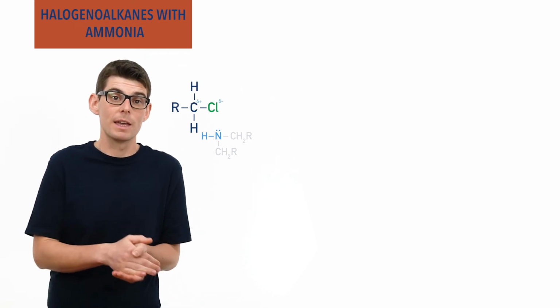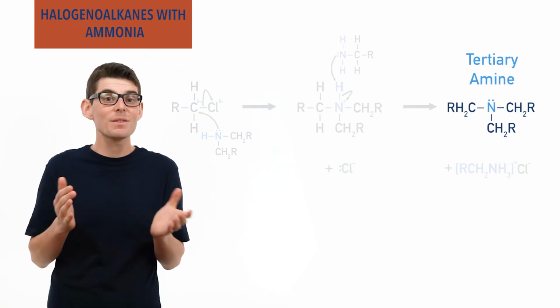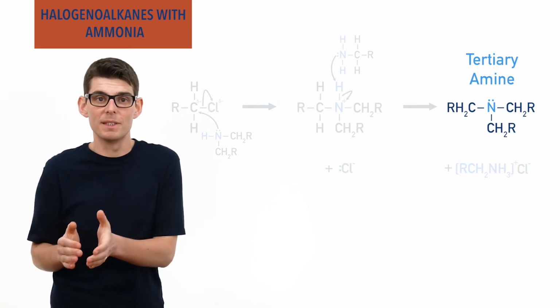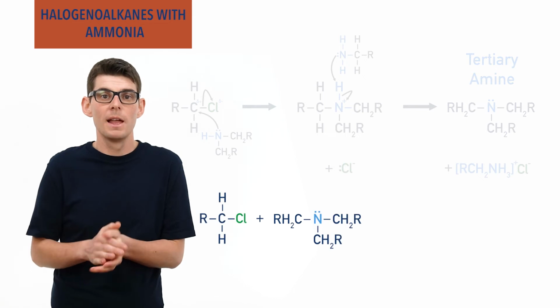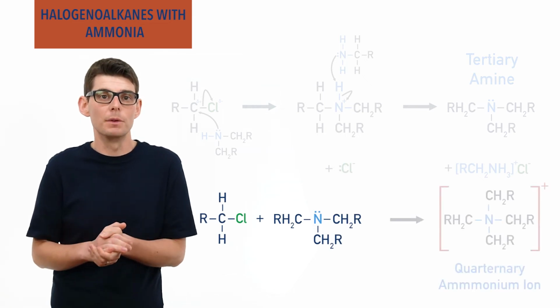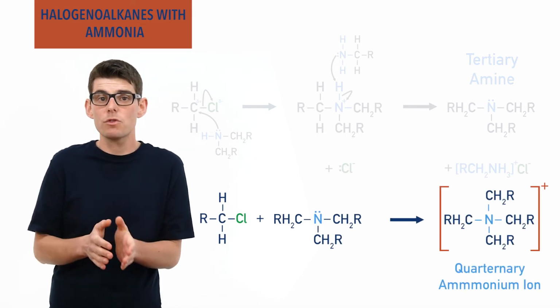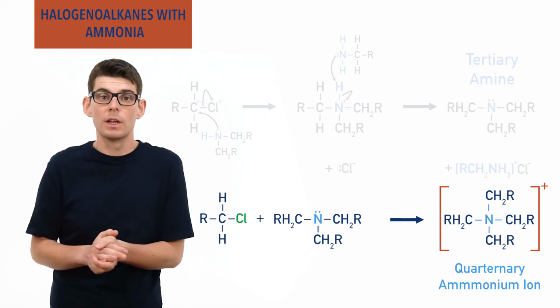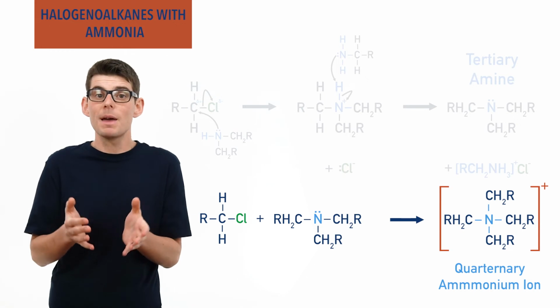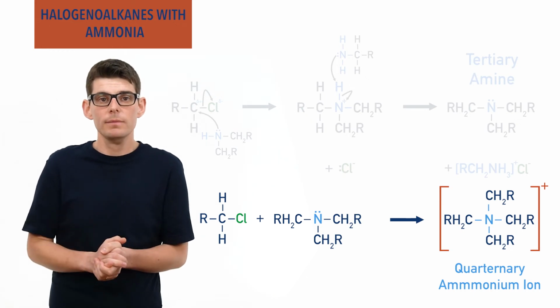Now a tertiary amine gets formed. It is even possible for a tertiary amine to act as a nucleophile and react with another halogenoalkane molecule, now forming a quaternary ammonium ion. As the nitrogen no longer has a hydrogen bonded to it, it can't lose a H+ ion and become neutral, meaning it remains as a charged ion.